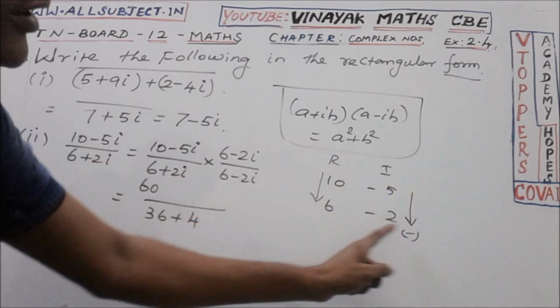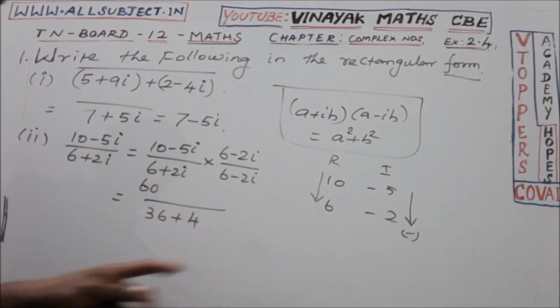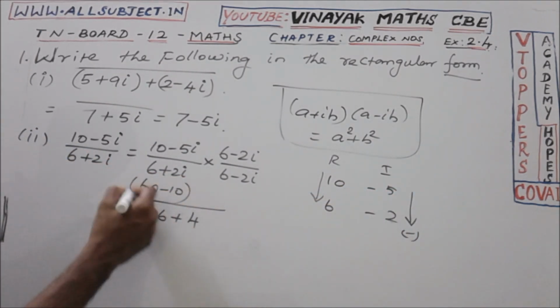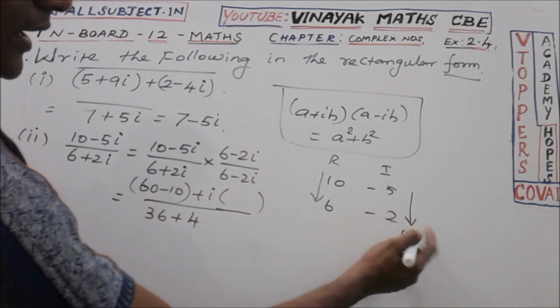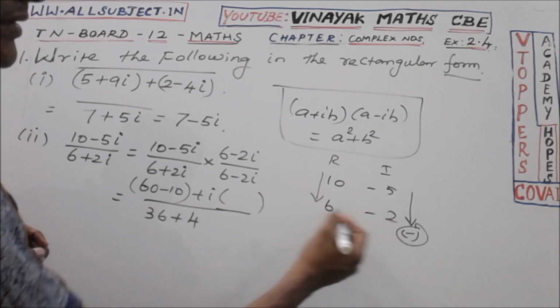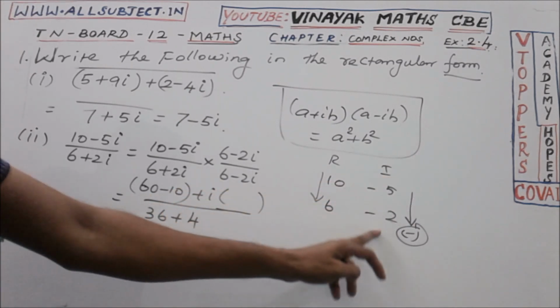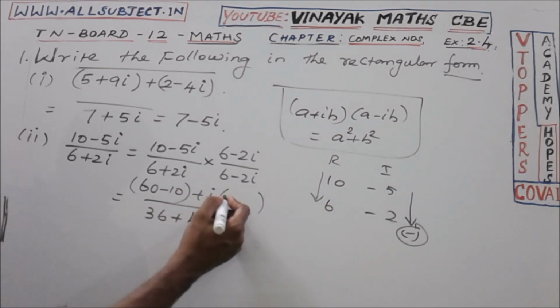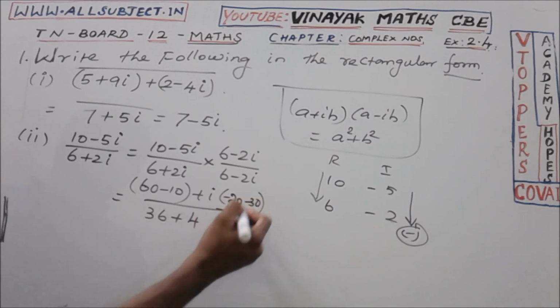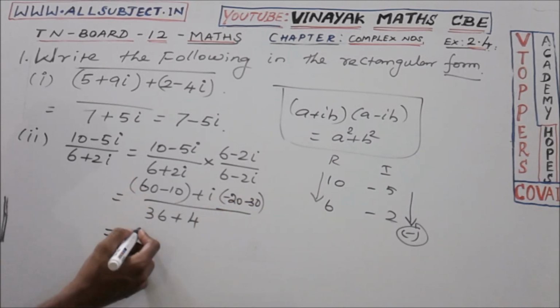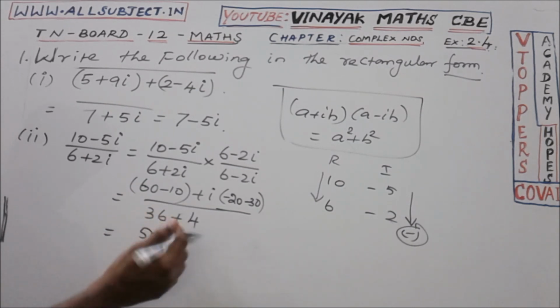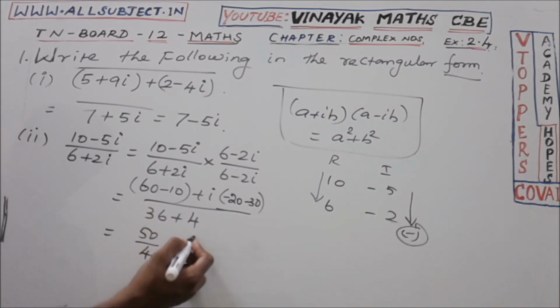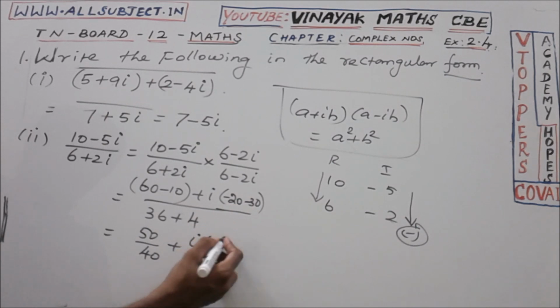Then multiply imaginary to imaginary, we have 10, change its sign, minus 10. Plus i into cross multiply. You need not focus on the sign here, just cross multiply and write the answer here. Minus 20 minus 30.